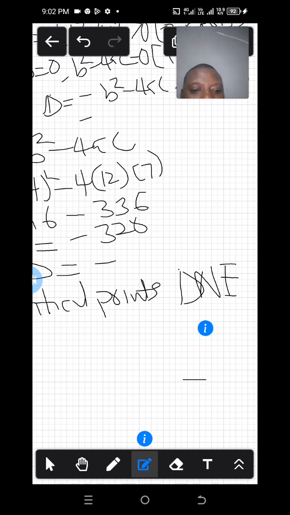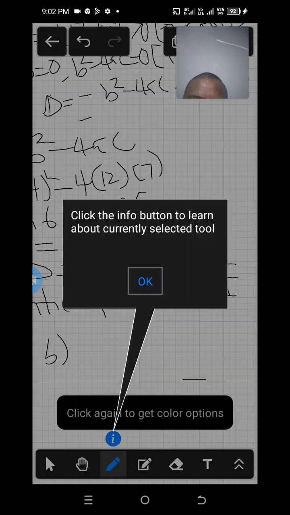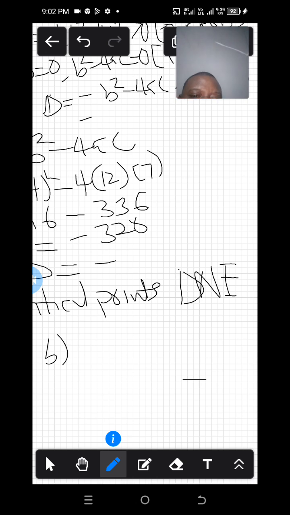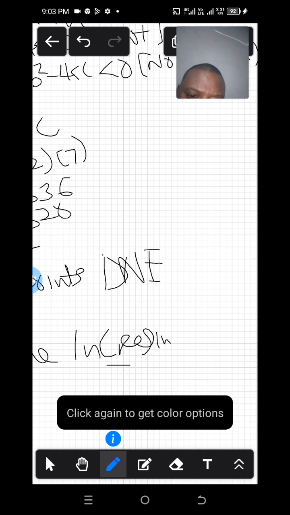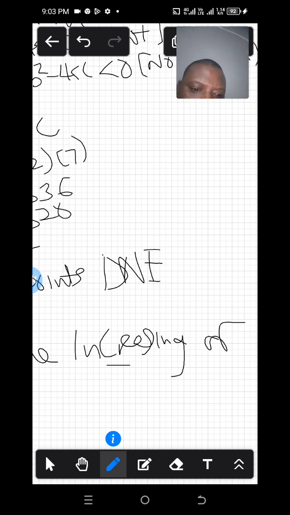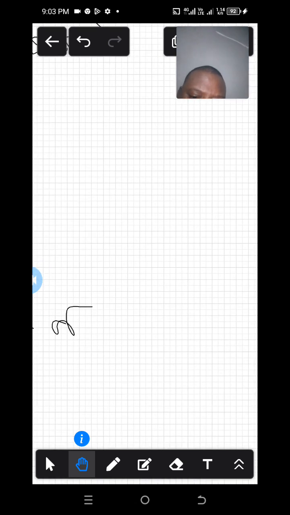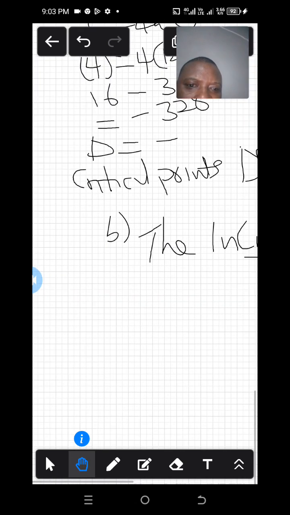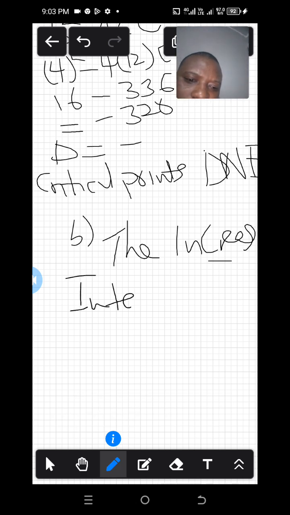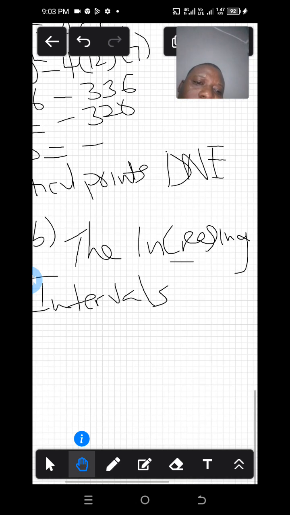Since the critical point does not exist, definitely the increasing or decreasing interval does not exist as well.